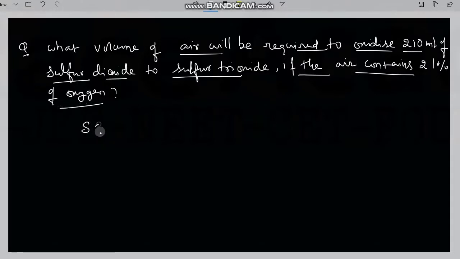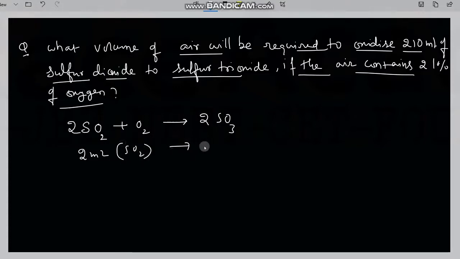For this, we have a chemical equation, that is the sulfur dioxide oxidation reaction to sulfur trioxide. This reaction indicates that if there is 2 ml of sulfur dioxide, that requires 1 ml of oxygen for this conversion.